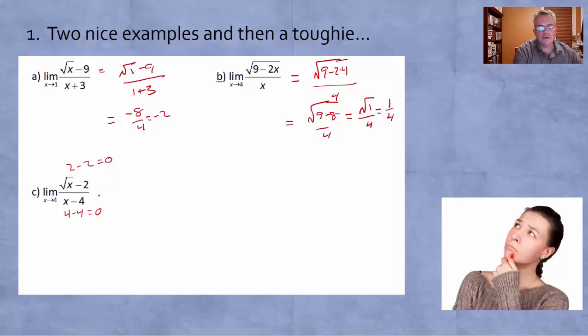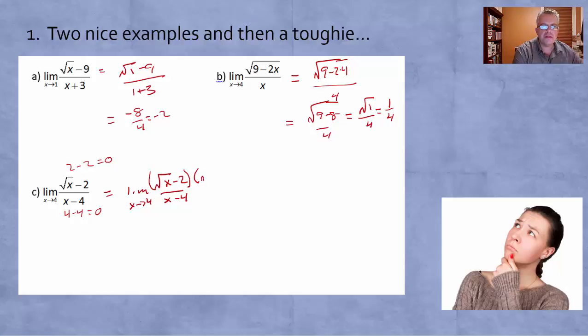So we're going to try to rationalize the numerator. This is how we do that. This is equal to the limit of square root of x minus 2 over x minus 4. That's what I have already. And here's the trick. We're going to multiply by the conjugate of the part with the square root.